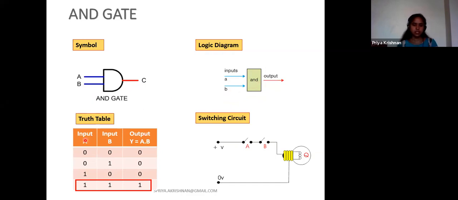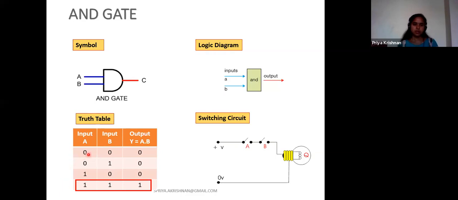Next we will see the truth table of this. In the truth table I have two different inputs, A and B. I know digital has only two things, 0 or 1. So these two inputs can take either 0 or 1.